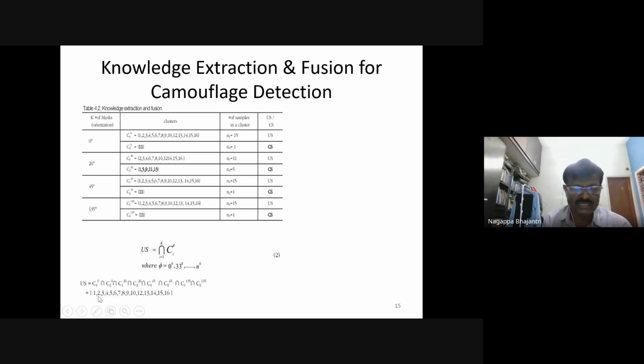The uncamouflaged set will have blocks 1 to 16 except 11. So 11 comes purely under the camouflage set, right? The other ones have some portion of camouflage, but clearly block 11 is the camouflage set.